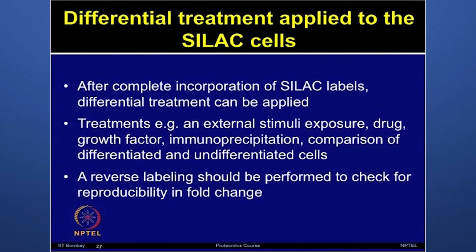While we are doing this labeling, it is a very good idea to replicate the experiment to ensure that the fold changes are uniform, and also a reverse labeling should be performed to check for reproducibility, because if reverse labeling is also showing a similar trend, then it means the experiment is unbiased due to any labeling issue.